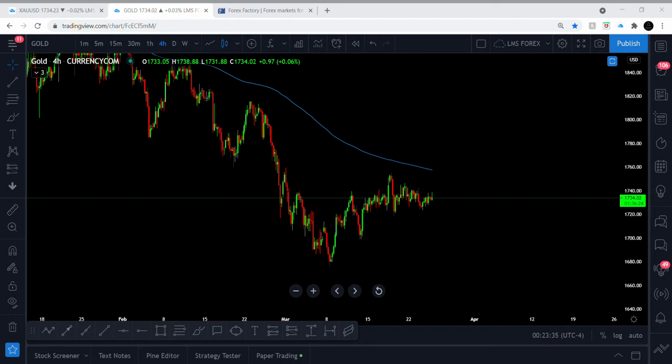Okay, for day traders, we're looking at the daily, 4 hour, 1 hour, and 15 minutes. And for scalpers, we're going for the 1 hour, 30 minutes, 15 minutes, and 5 minutes.